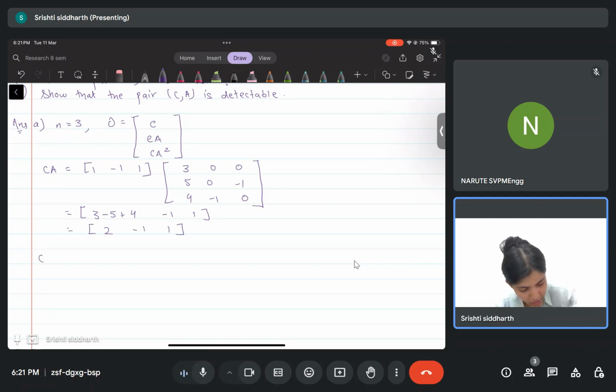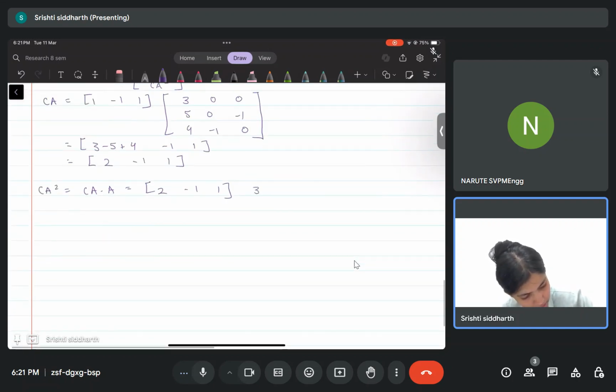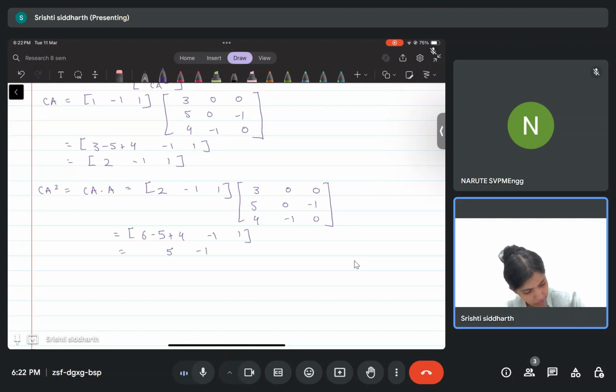Then we need CA squared, which is nothing but CA times A. We have 6 minus 5 plus 4, minus 1, plus 1, which gives 5, minus 1, 1.